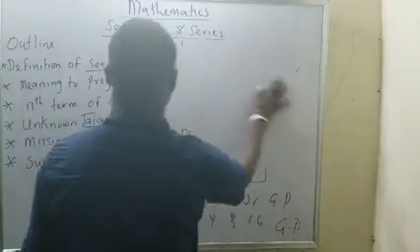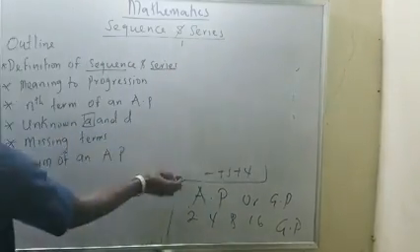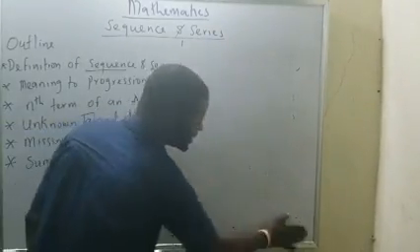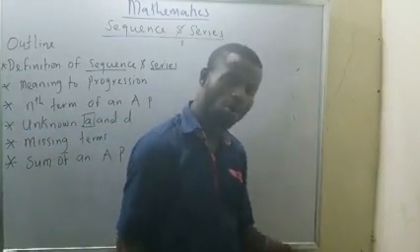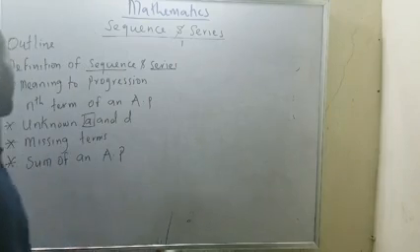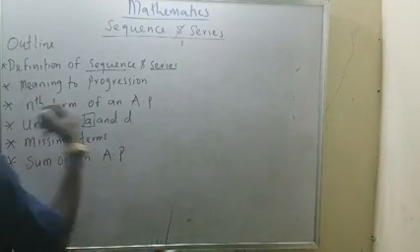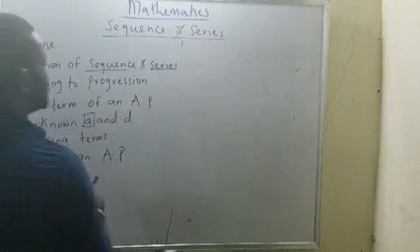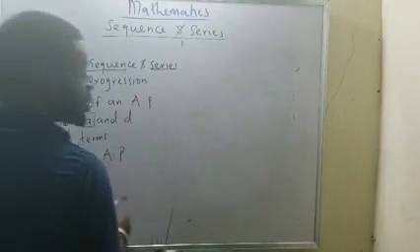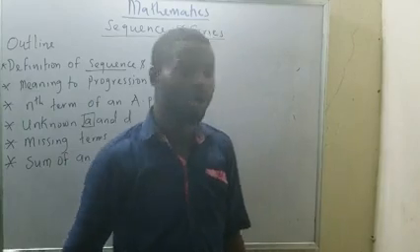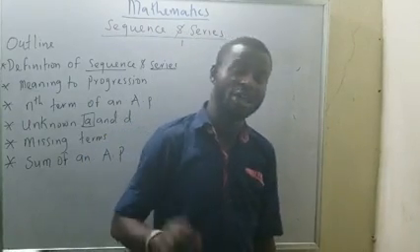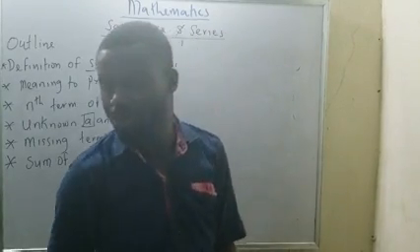Now, I think I've explained progression. Progression means the way the terms come up, whether in addition or in multiplication. Addition and subtraction will give birth to arithmetic progression, while multiplication and division will give birth to geometric progression.